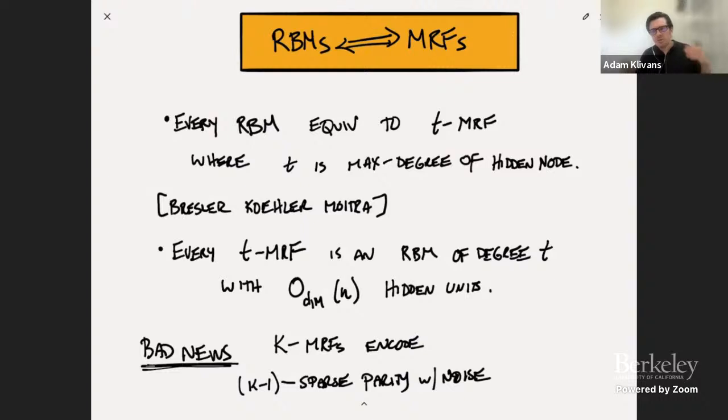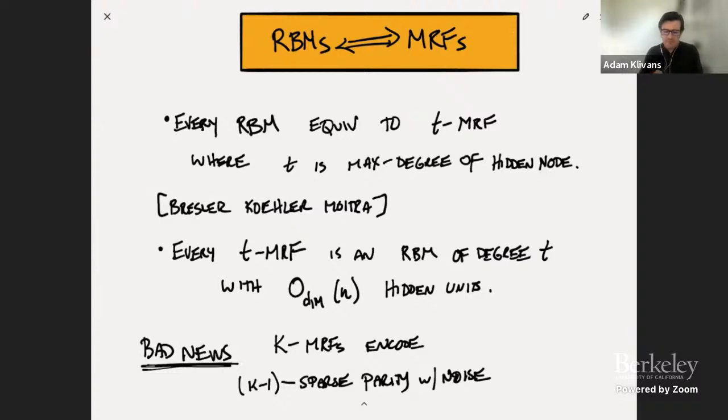It's not too difficult to see that if you give me an RBM and I marginalize out, so I just sum over the latent variables, I will get a Markov random field. The other direction is quite a bit harder to show: that for any Markov random field, I can construct some associated RBM. And that's what they prove in their paper.